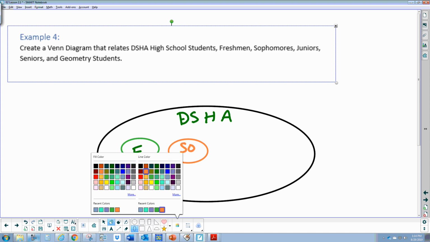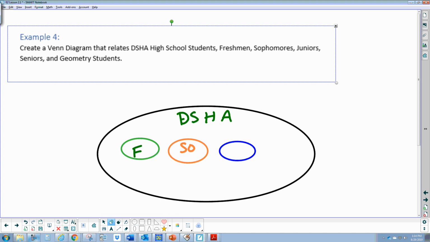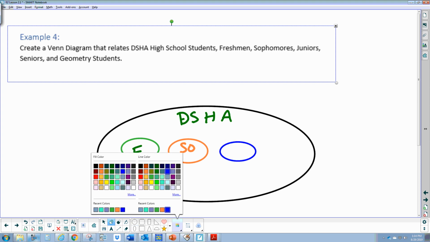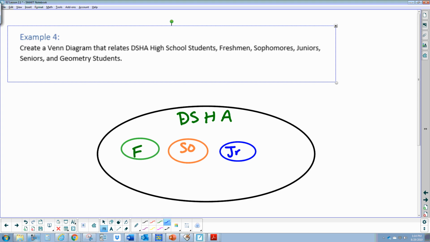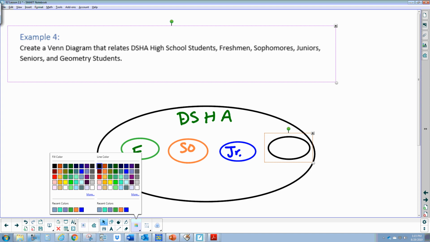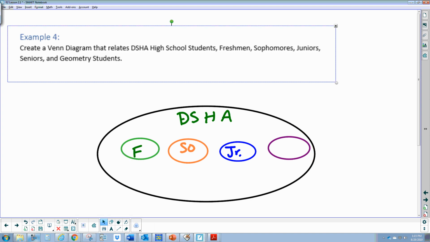They get their own oval. Here's our junior oval. And lastly, our senior oval.